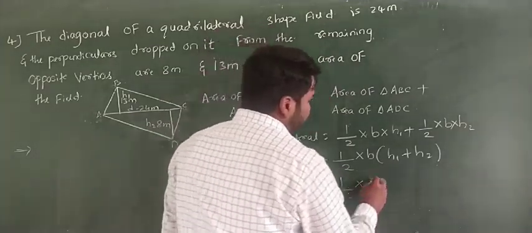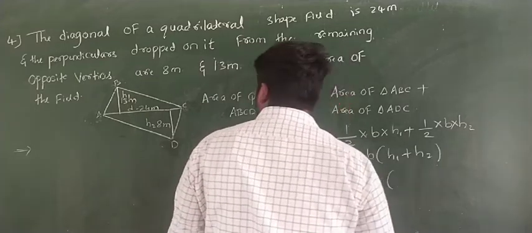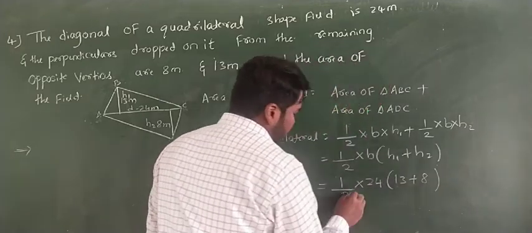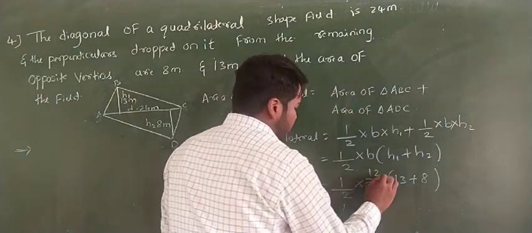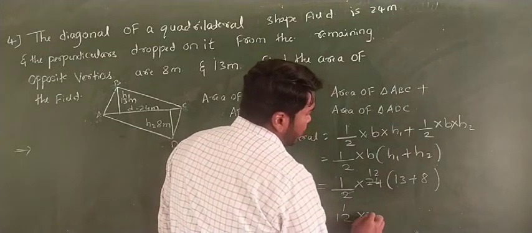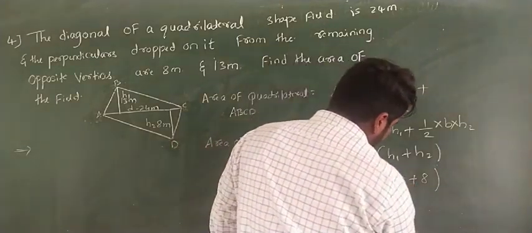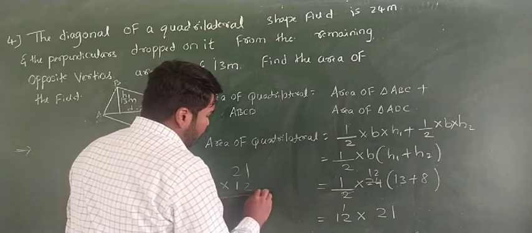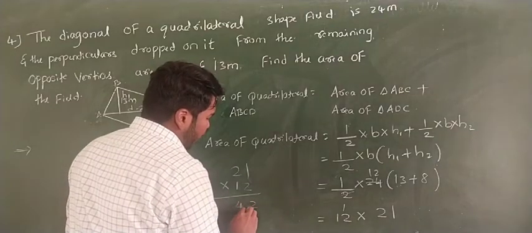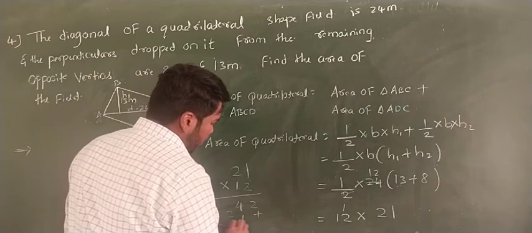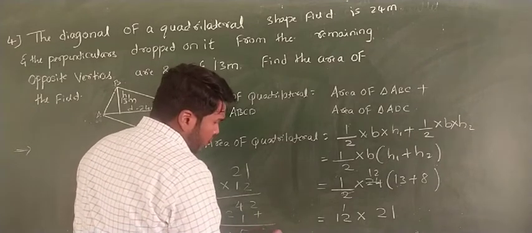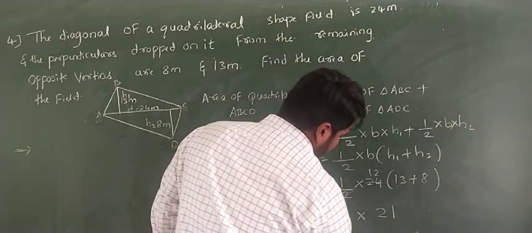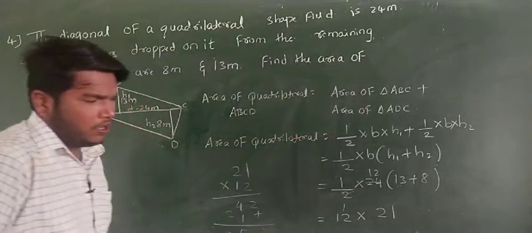B is 24, and what are your heights? Heights are 13 and 8, that is 13 plus 8. Okay, so again 2 ones are 2, 2 12s are 24, so you have 12 into 13 plus 8, 13 plus 8 you have as 21. So just calculate this, 21 into 12. 2 ones are 2, 2 twos are 4, plus 1 one is 1, 1 two is 2. So that is 2, 5, 2. So we have 252 meter square. 252 meter square is your required answer.